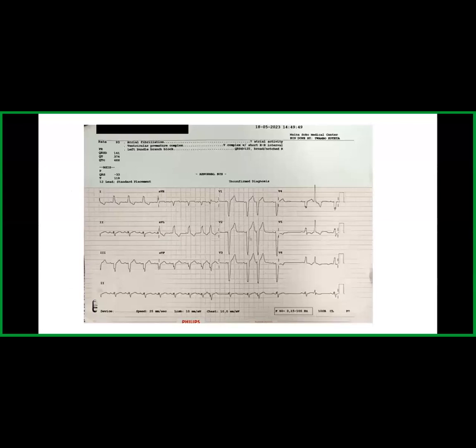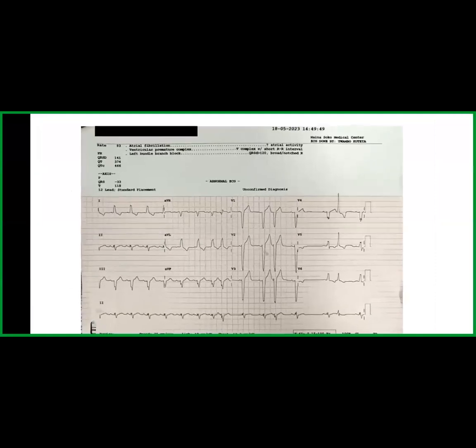So criteria number 1 for a left bundle branch block, as we saw in the previous slide, was a QRS duration of greater than 120 milliseconds. In this ECG, we can see that our QRS complex is quite wide.